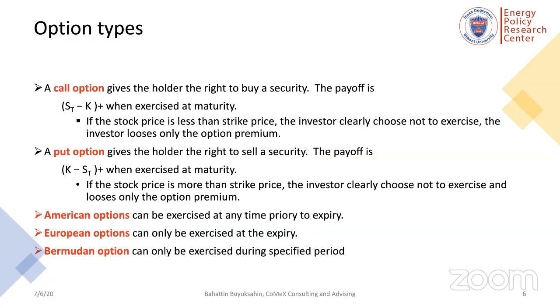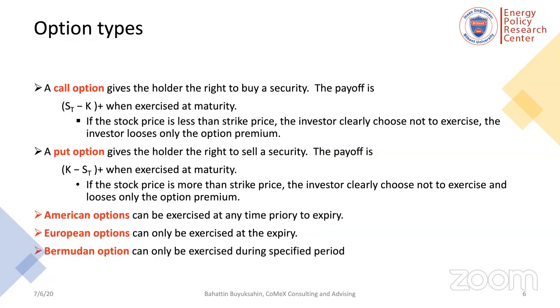On the other hand, a put option buyer will only choose to exercise the option when the stock price is less than the strike price. If the stock price is more than the strike price, the investor would clearly choose not to exercise the option and would only lose the option premium.